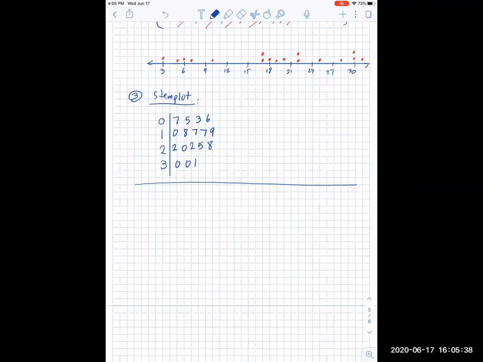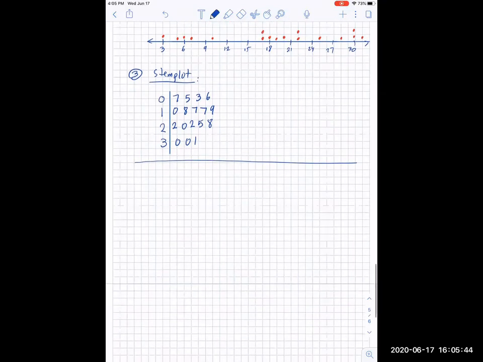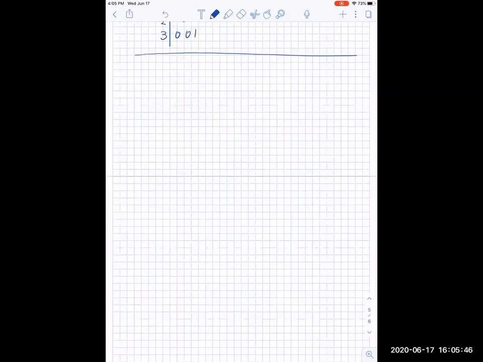When you have qualitative data or categorical data, then you use these plots. Okay, graphs for qualitative data.